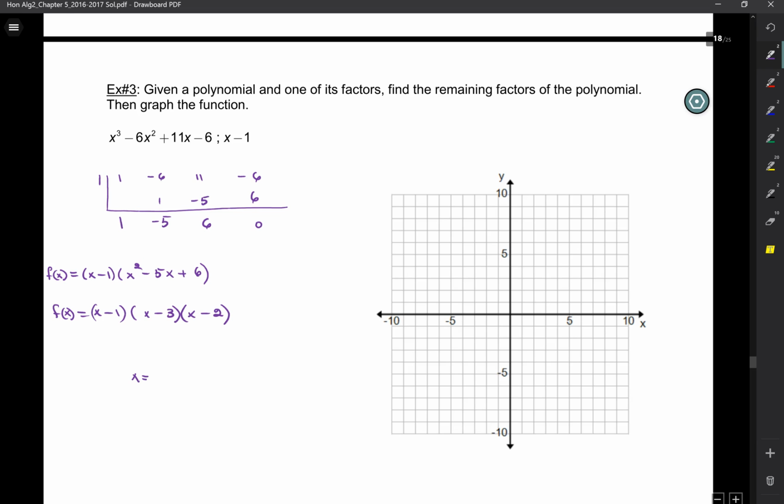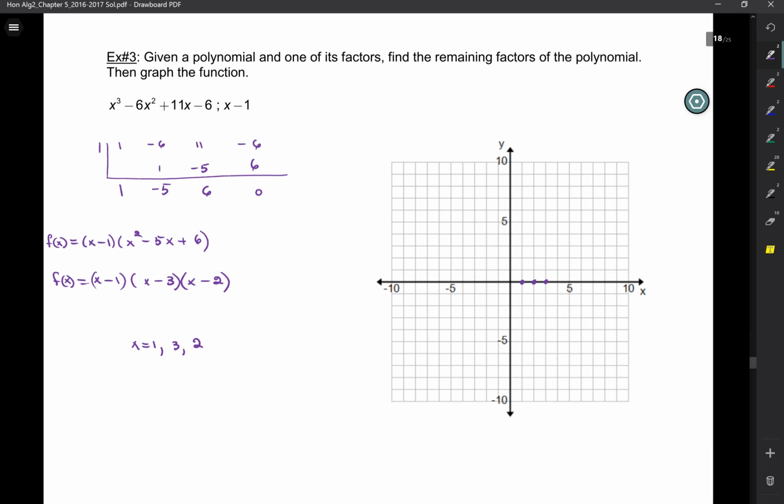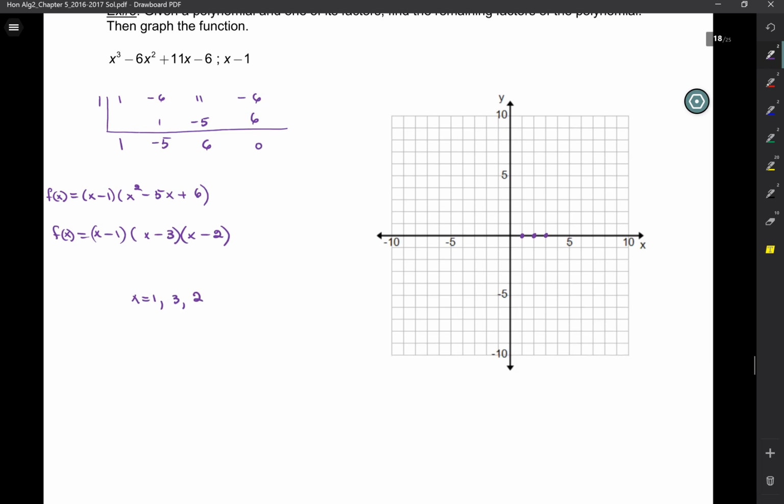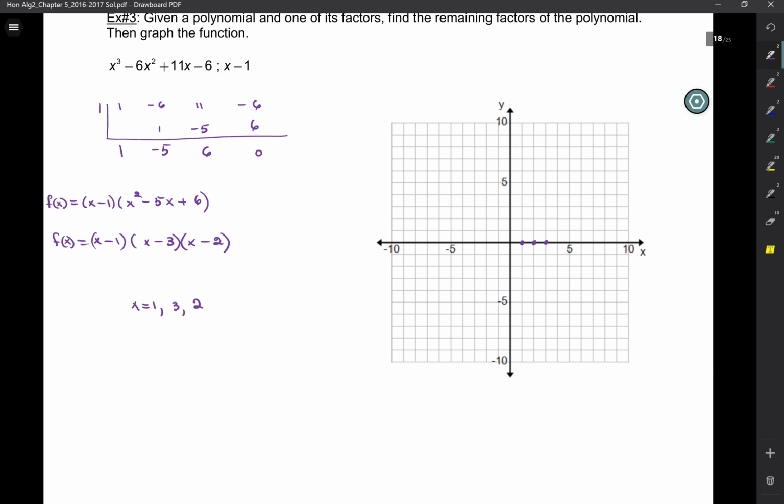So what are the zeros? 1, 2, and 3. Now, again, is the degree odd or even? Odd, so one side up, one side down. Positive leading coefficient, so right side up again. So it's going to have the general form.